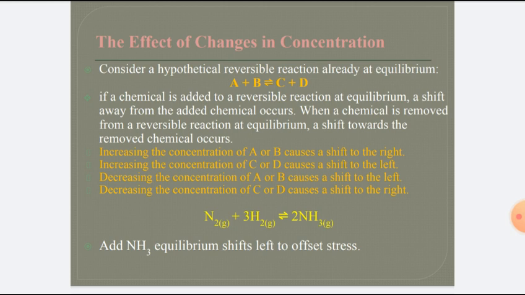The rate of the forward reaction would briefly increase in order to reduce the amount of A present and would cause the system to undergo a net shift to the right.